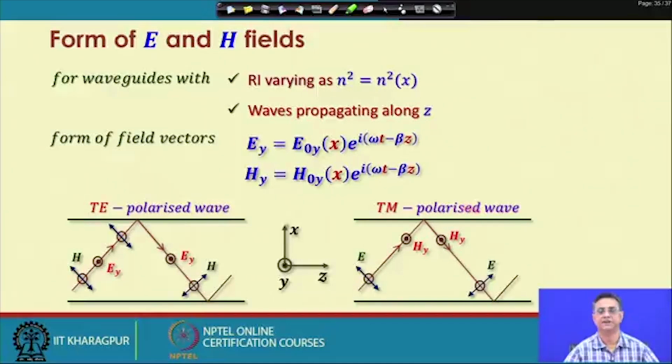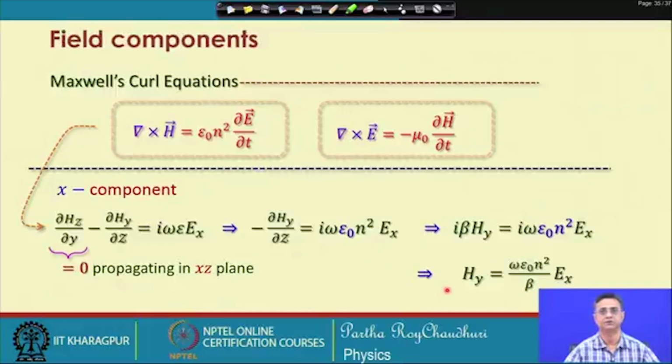Similarly, for the TM polarized wave, you have three components of the field vectors, H y, E x and E z. So, these are the groups of three field vectors which will individually constitute the transverse electric polarized wave and the transverse magnetic polarized wave.